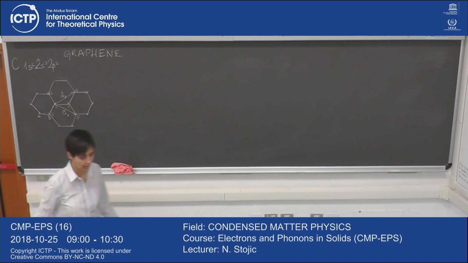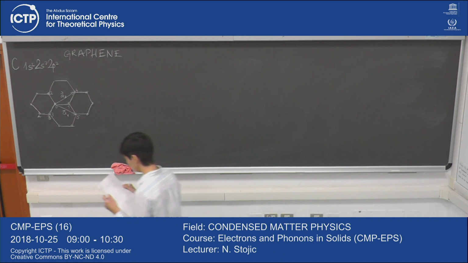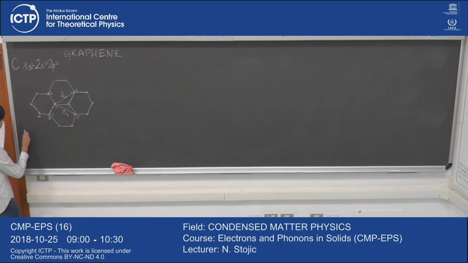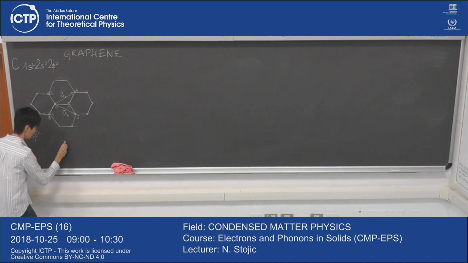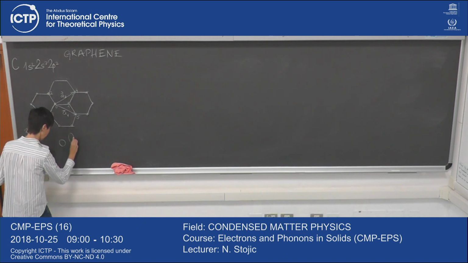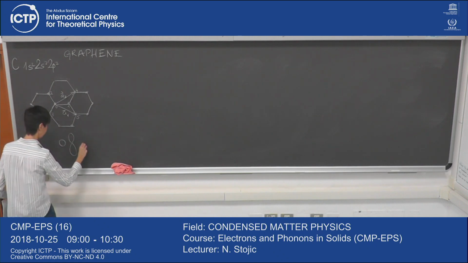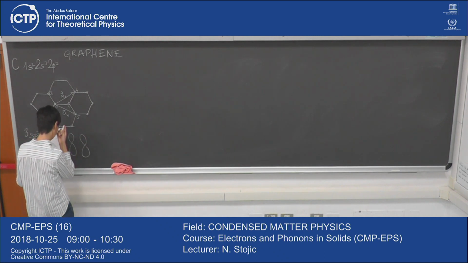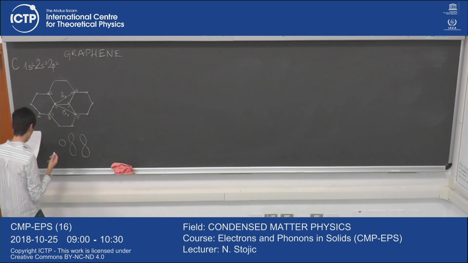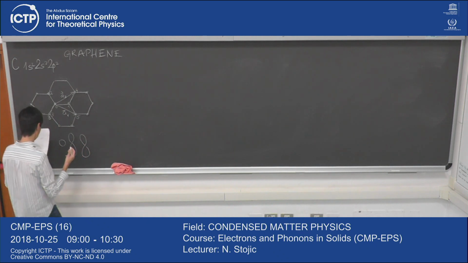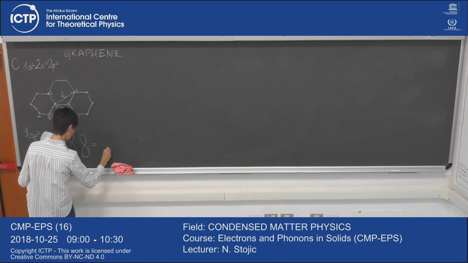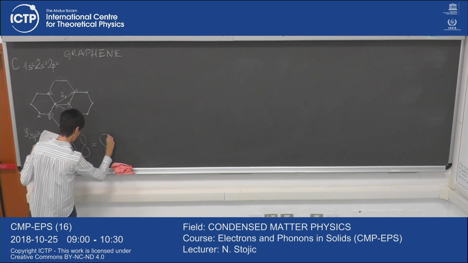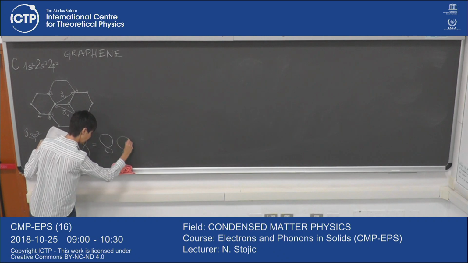Let me draw it properly. We have 3 sp2 orbitals, from one s and two p, giving you 3 orbitals of this shape.